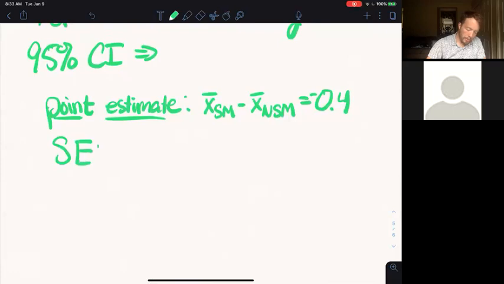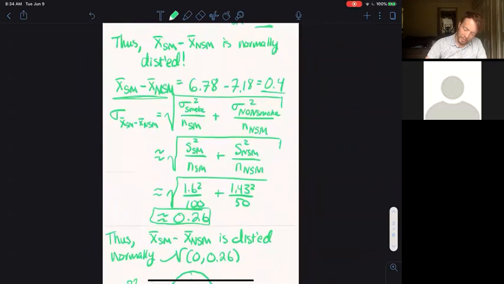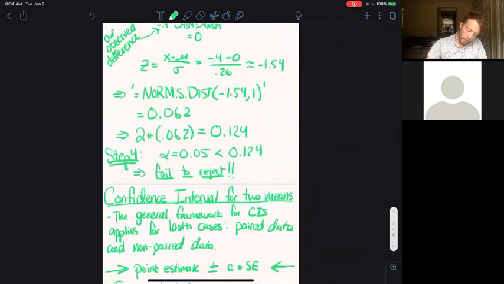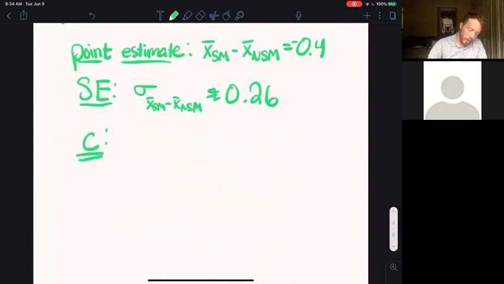Our standard error, this was more complicated. It was the standard error of X bar smoke minus X bar non-smoke, which was that crazy formula we did up here, right? So it was what, 0.26? So this is 0.26 or around that. This is an approximation. And our critical value remains unchanged. We had normality, so we use a normal critical value.